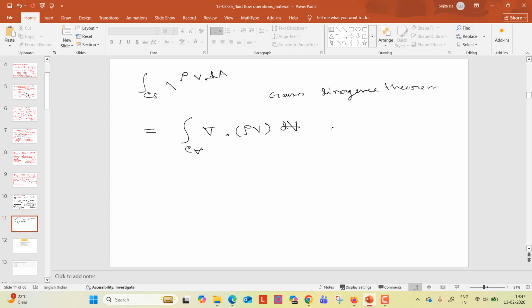So this is the Gauss divergence theorem. We have learned the Gauss divergence theorem already, so I am not explaining it again. Now what terms are left? After combining these two terms, what will come?